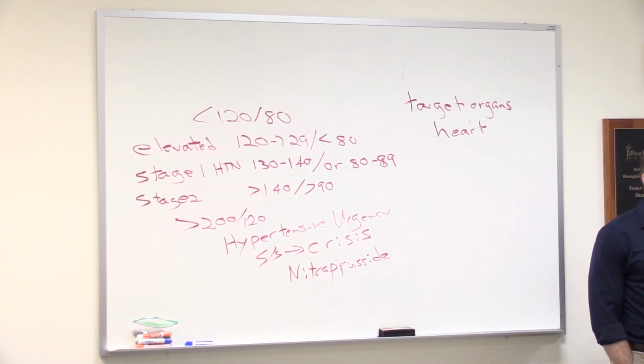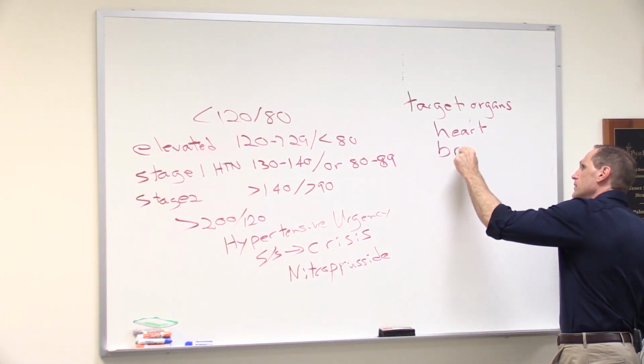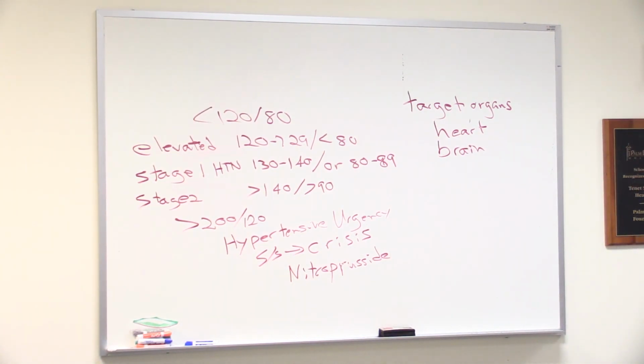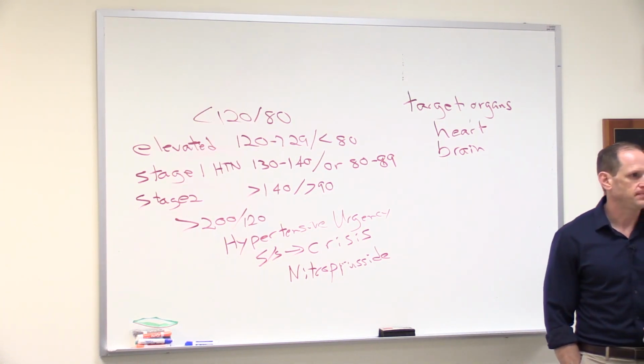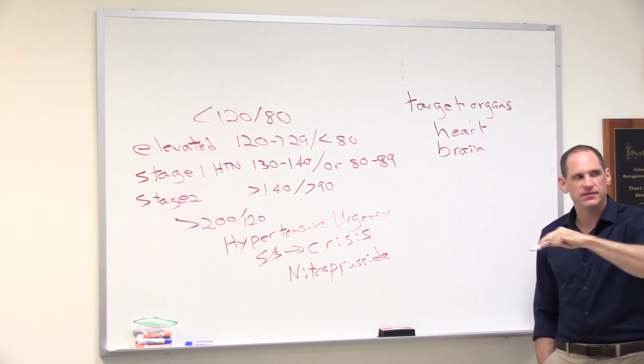What's the next thing that it can damage? The brain. The leading cause of stroke is high blood pressure. So high blood pressure directly can lead to stroke. What else? Well, let's not leave the head yet.